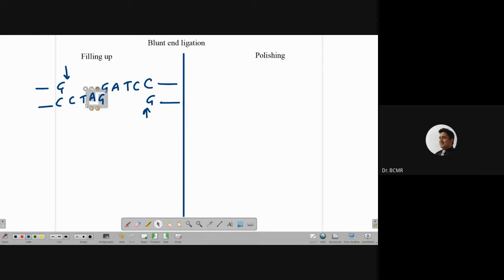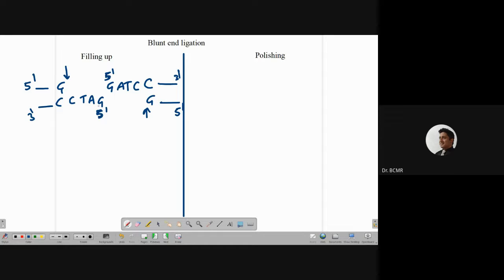So I hope you get the point anyway. It is a repetition, so you would already know it. So it would have been like this. And as usual, there is 5' and this is another 5' end. And here is 3' end. This is 5' and this is 3' and this is 5'.